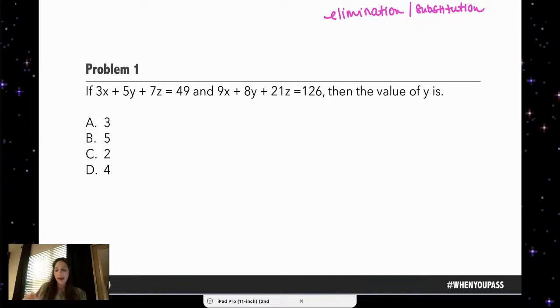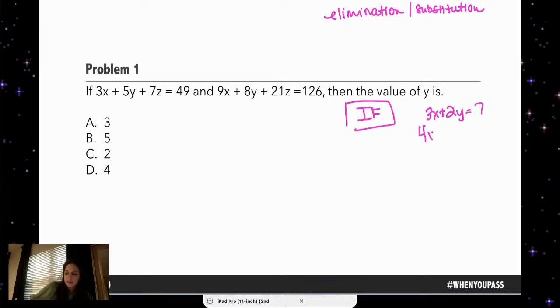So if we had, and this is a big if, it has nothing to do with this problem, 3x plus 2y equals 7 and 4x minus 5y equals 9, we could eliminate one of the variables by multiplying, and then we would only have one variable left.